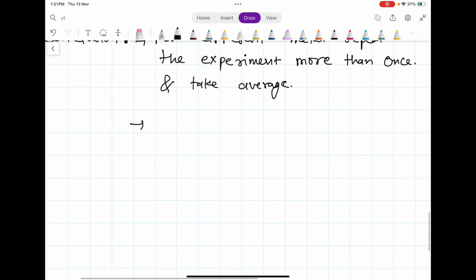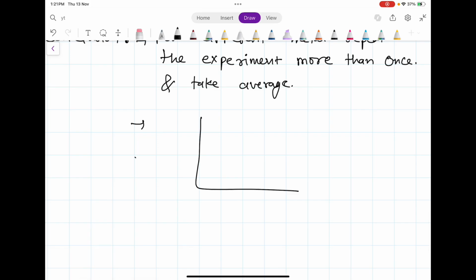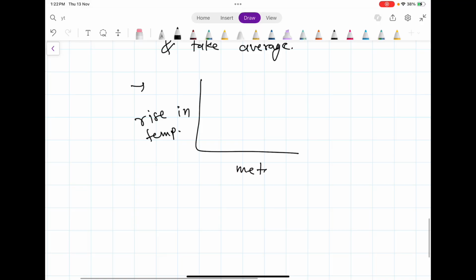Then for the conclusion we can record readings. So basically we can plot a graph of rise in temperature versus different metals.